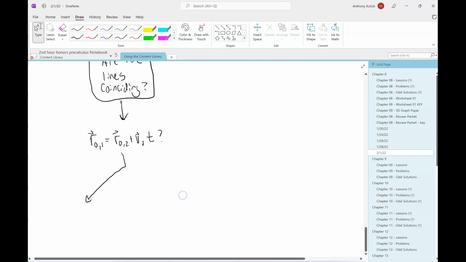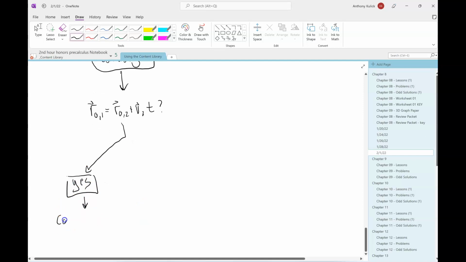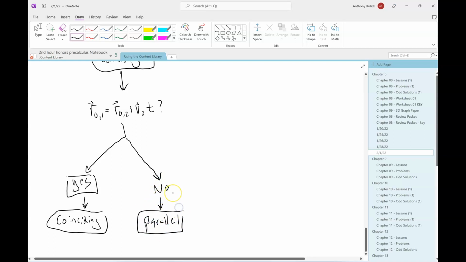If yes, then we're coinciding. If no, then we're parallel. So that would be non-overlapping or non-coinciding parallel.